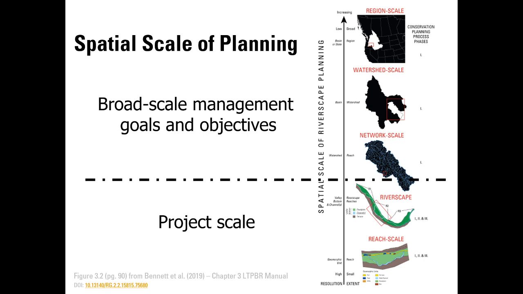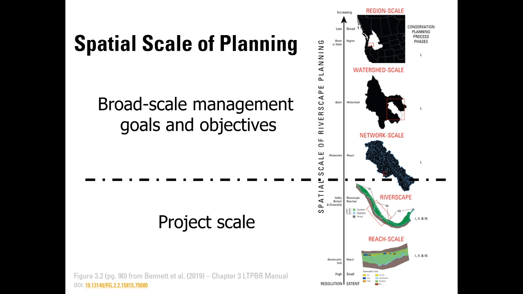So even if you're not doing the broader scale management and goal setting at that level, it's good to be aware of those plans in your watershed that can help you identify what some of the regional goals and targets are. For example, if you're working towards recovery of an imperiled fish species, understanding what the conditions are at these larger scales, the limiting factors, and what you might be able to contribute to some overall goals are really important.